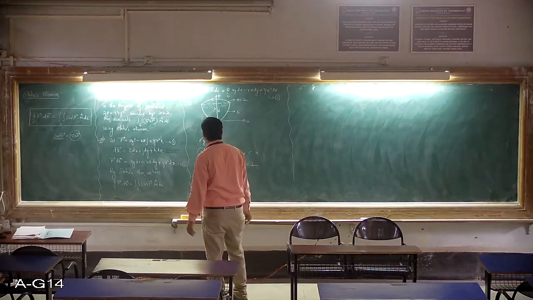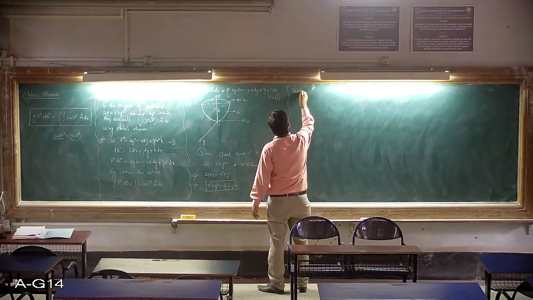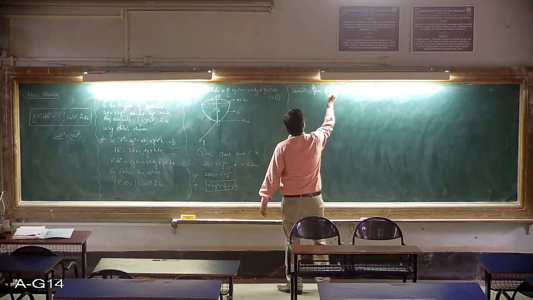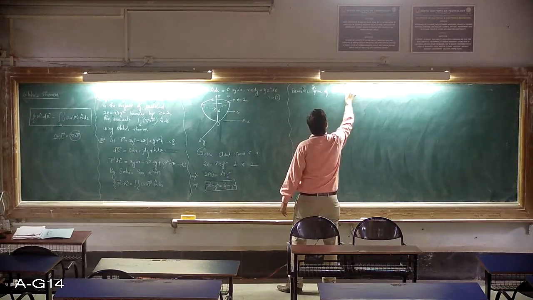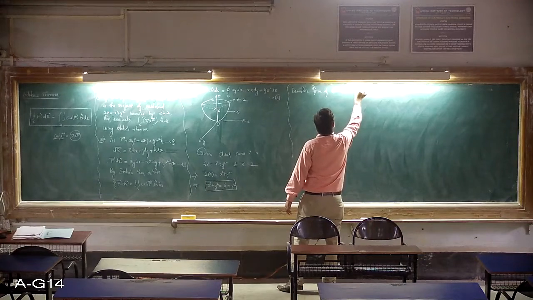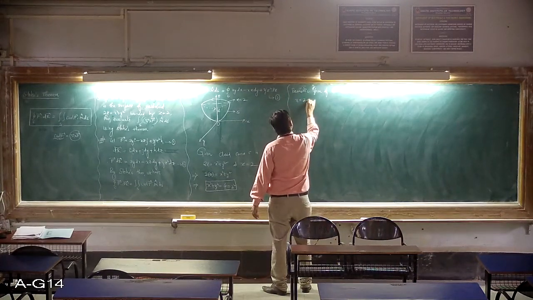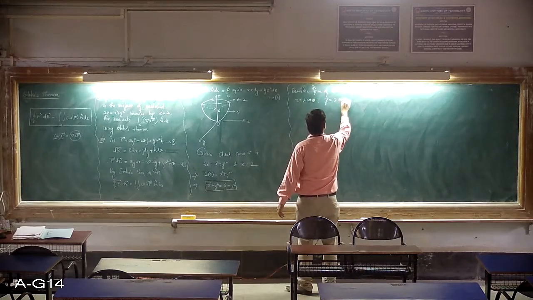So now the parametric form of the circle x square plus y square is equal to 2 square is x is equal to 2 cos theta and y is equal to 2 sin theta.